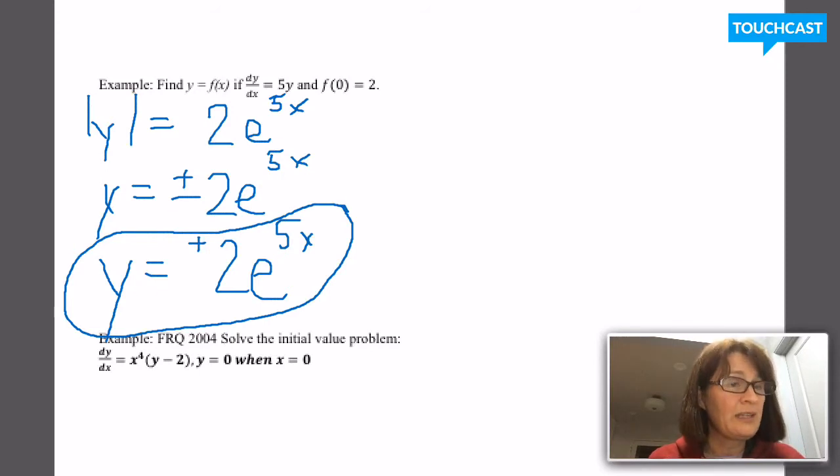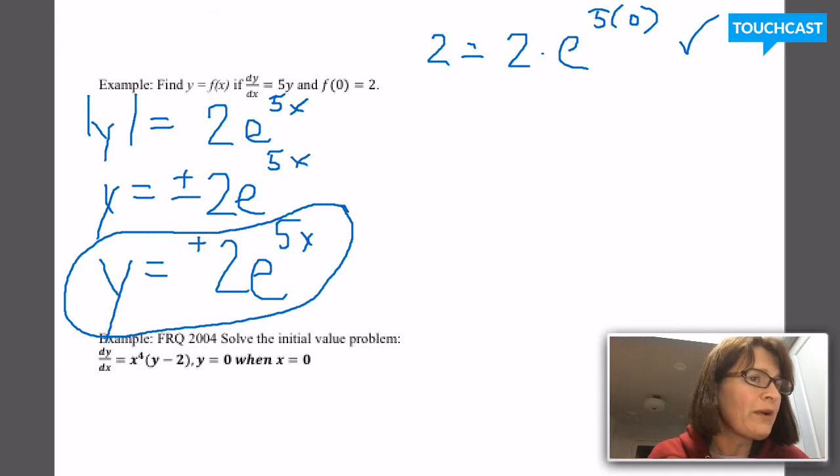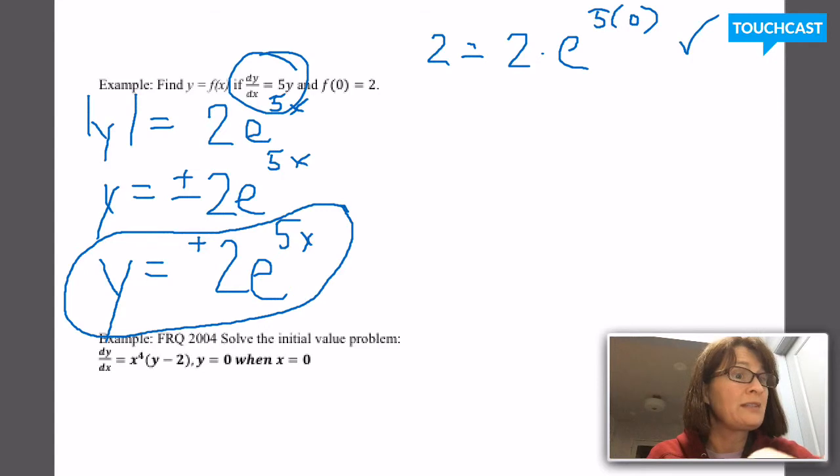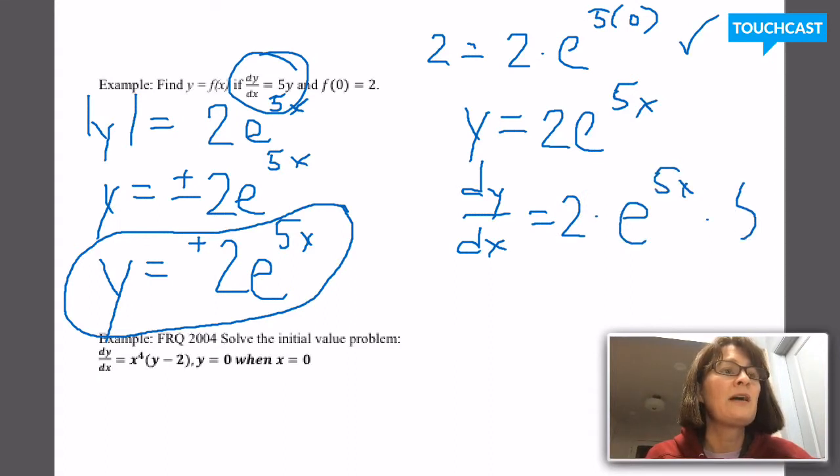Notice I go through this process of checking. If I plug in 2 for y, that should equal positive 2 times e to the 5 times 0. So 2 does, in fact, equal 2 times 1. That works. This one, why don't we go through the process of actually taking the derivative and see if we get 5 times y as the derivative. So if y equals 2e to the 5x, dy/dx would equal 2 times e to the 5x times 5.